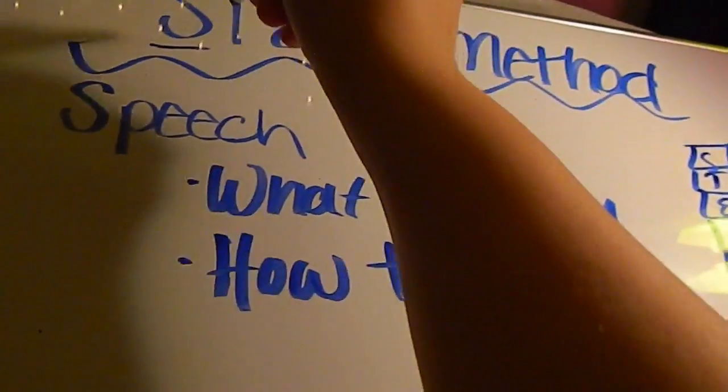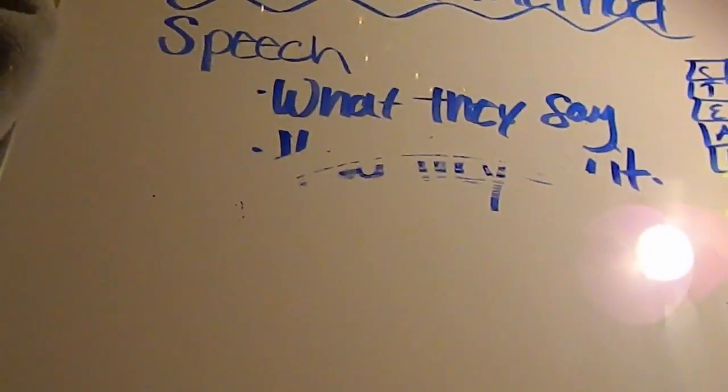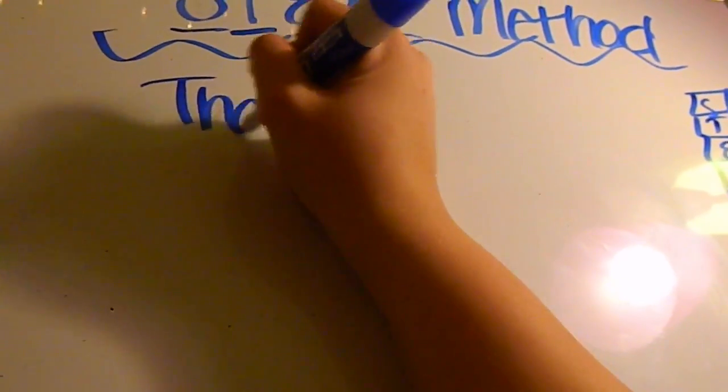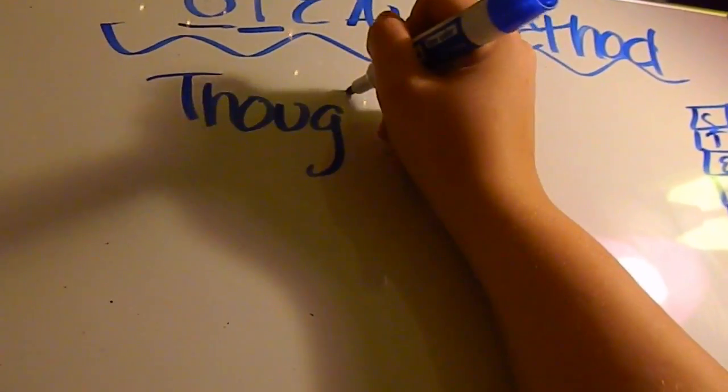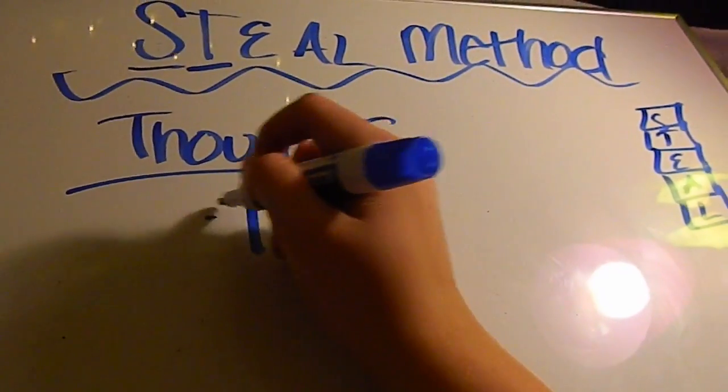Now, let's go to the T in STEAL method. The T is we can tell about characters from their thoughts. The way they think.